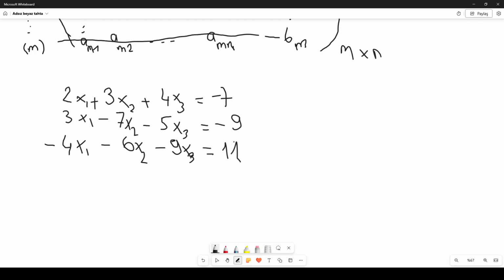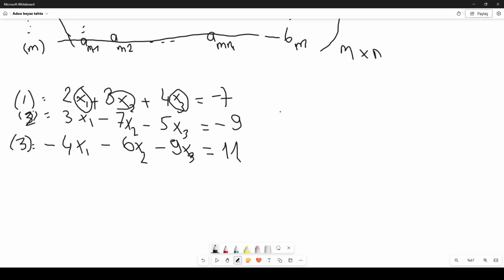Okay, now what do we have? We have a 3 by 3 system. How do I understand that? Because we have 3 different equations, right? They are all linear equations. This is the second equation, and this is the third equation, right? 3 different equations and 3 unknown variables. We have x1, x2 and x3.